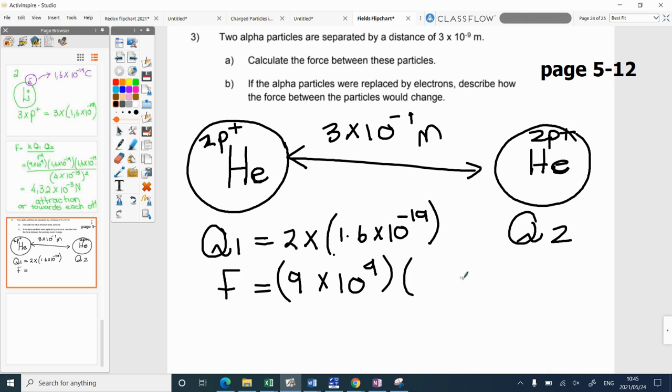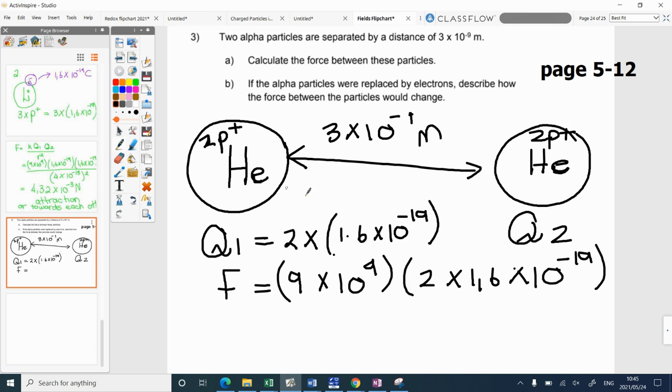times these 2 charges, which is 2 times 1.6 times 10 to the minus 19 for Q1. But because Q2 is exactly the same, what can I do here to save myself some writing time? Careful, because now I can see why you want to do that. He's saying it because there are 4 protons in total.